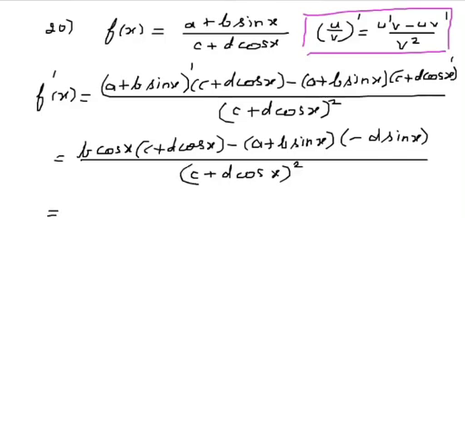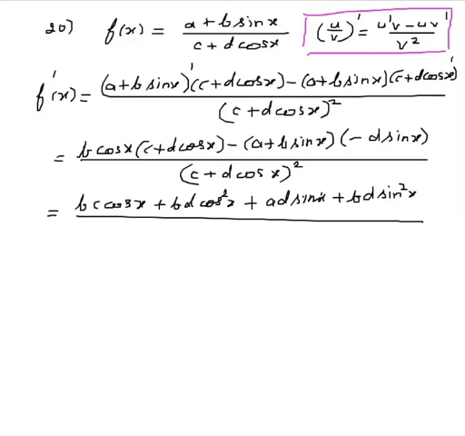Let's open the brackets and simplify the function. We get bc cos x plus bd cos square x, and minus into minus will become plus ad sin x and plus bd sin square x, divided by c plus d cos x the whole square.